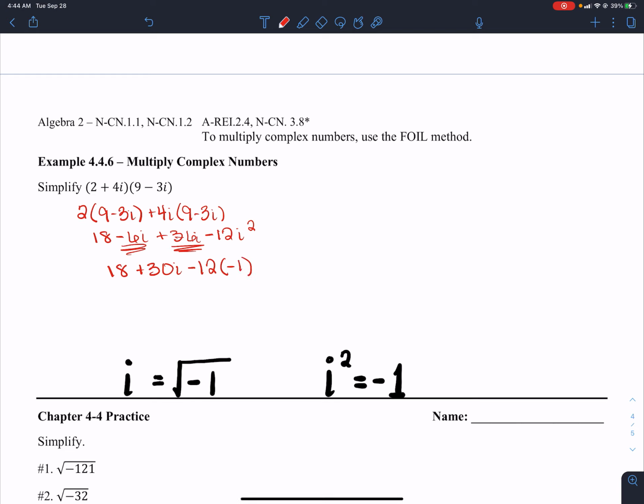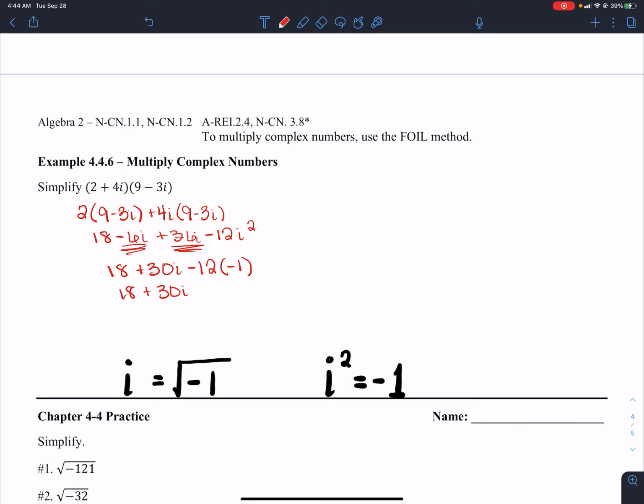Okay. So we have 18 plus, and keep that 30i there.